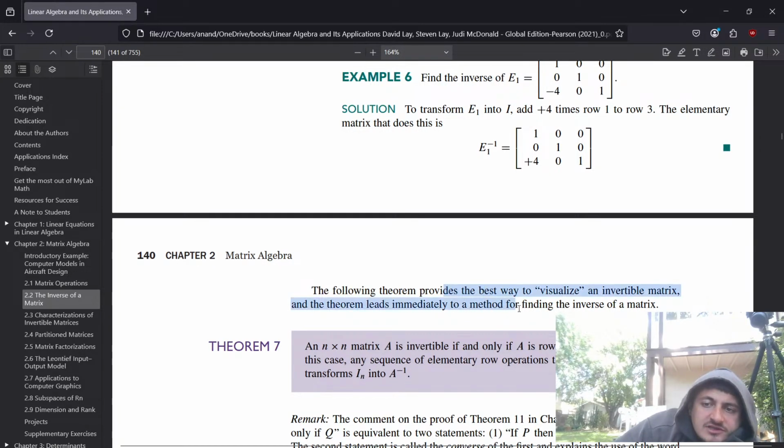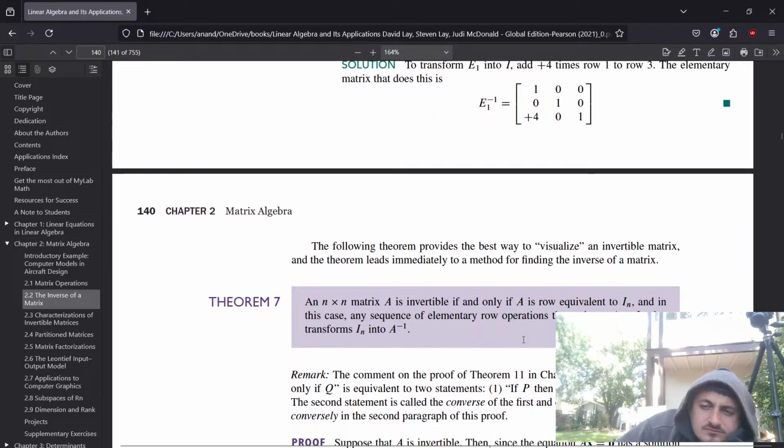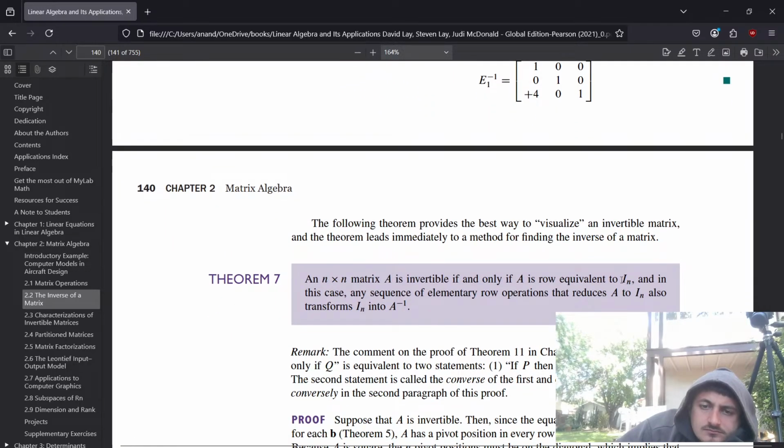The following theorem provides the best way to visualize an invertible matrix. That's actually really cool.